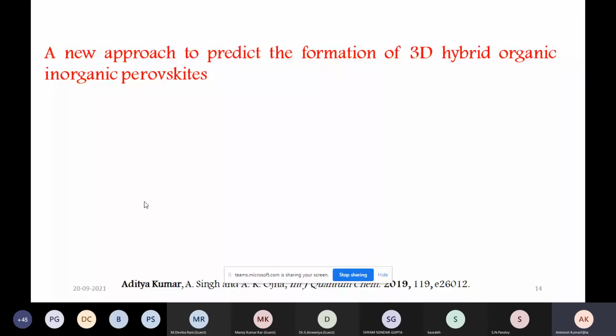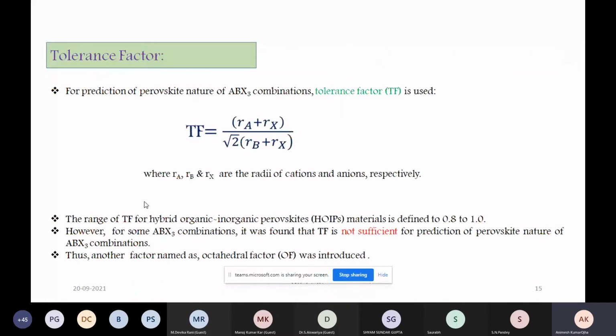And here I'm going to tell you the criteria by which you can design a new material. The first one is the tolerance factor, which was introduced by some authors a long time back.